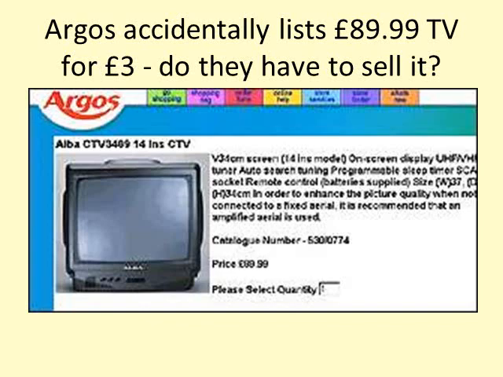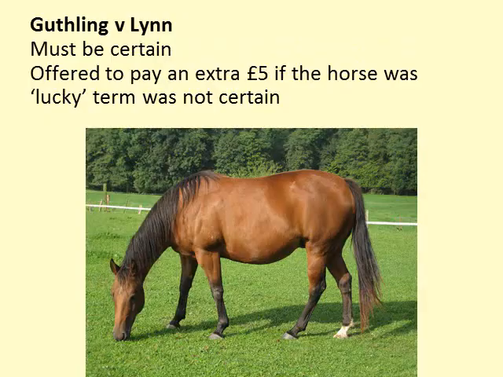So when you actually click buy it now and you put your payment details in on a website, that's you making an offer, and the company that you're making the offer to then has to come back and accept your offer. So unfortunately, if you see one of these mispriced things like these Argos televisions, no, they don't have to sell it for that price.